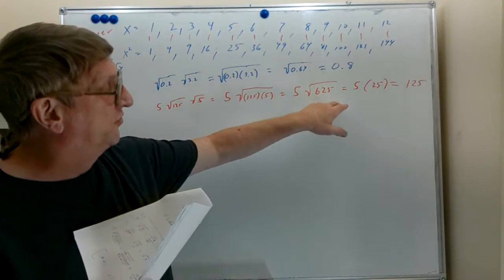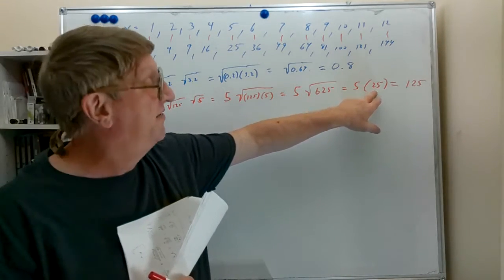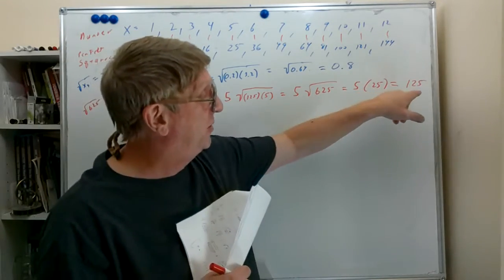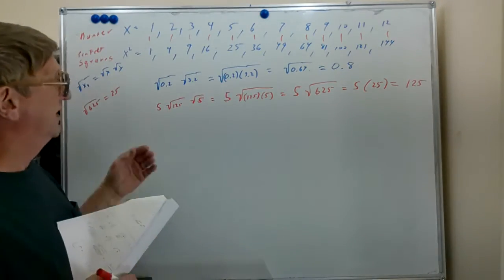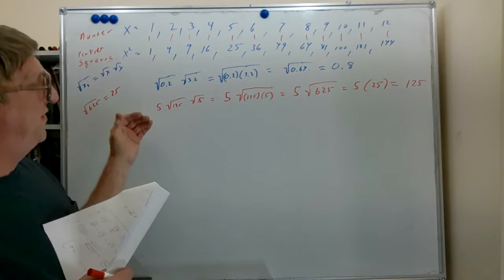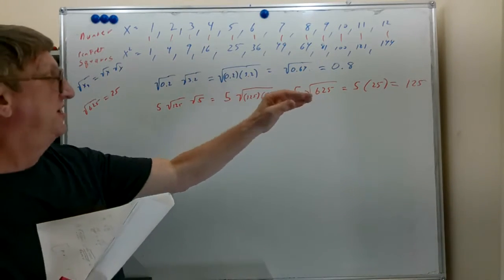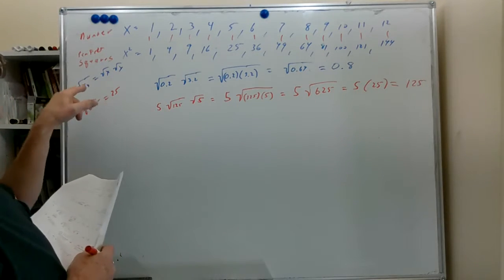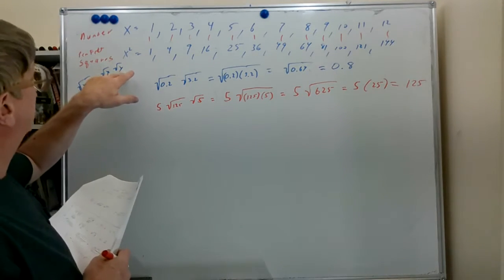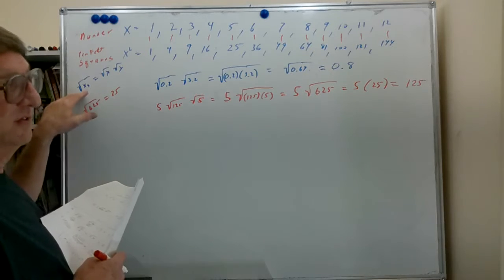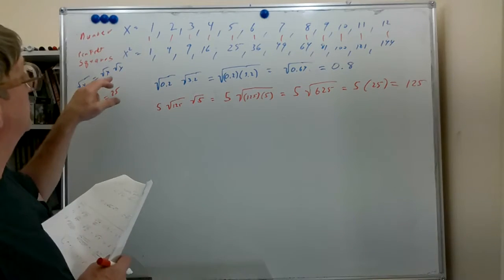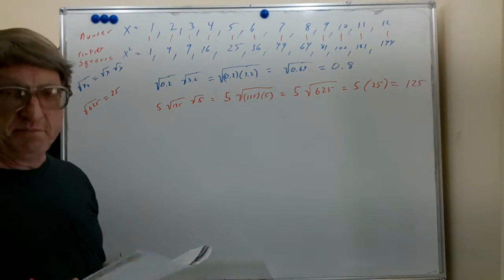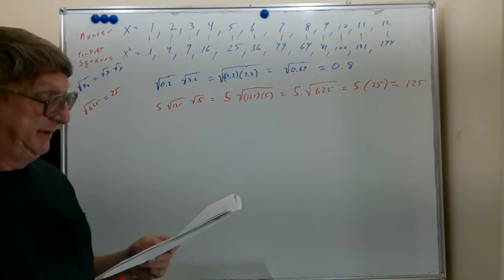We took the square root of 625, replaced it with 25, and then we did the multiplication, got to 125. So we've simplified, and we were able to do that without using a calculator by taking advantage of this: the product of square roots is equal to the square root of products, or the square root of products is equal to the product of square roots, whichever way you want to look at it. Product, of course, means multiply.